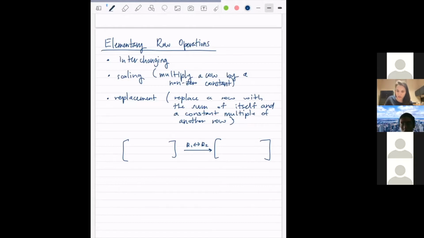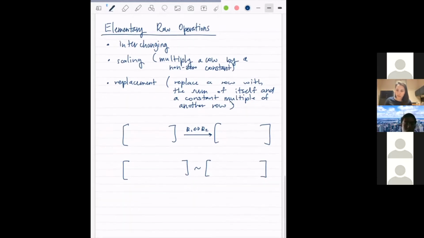The reason we use an arrow is because these two matrices as matrices are not equal, right? So you really should use an arrow, not an equal sign, when you're doing these row operations, because you are changing the matrix each time, right? The textbook, I think, uses a squiggle like this between row operations, and that's pretty common as well. Just make sure you're not using an equal sign. Use arrow or squiggle, not an equal sign.